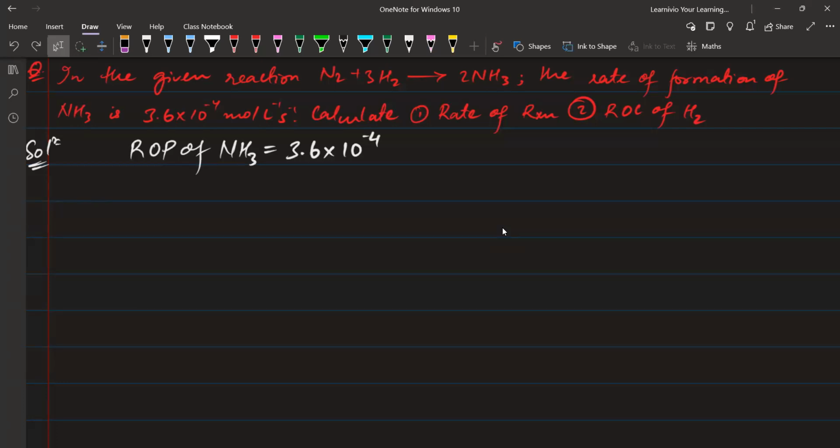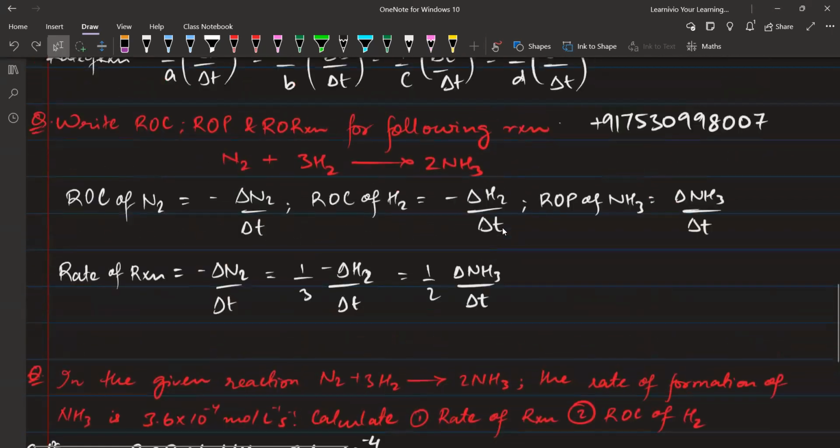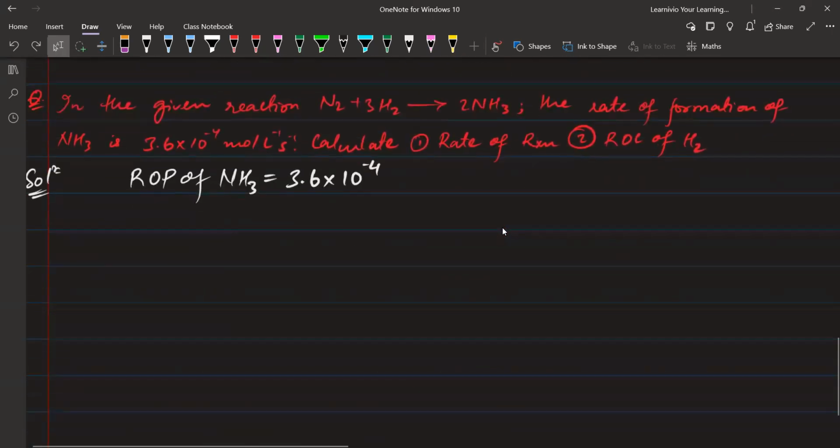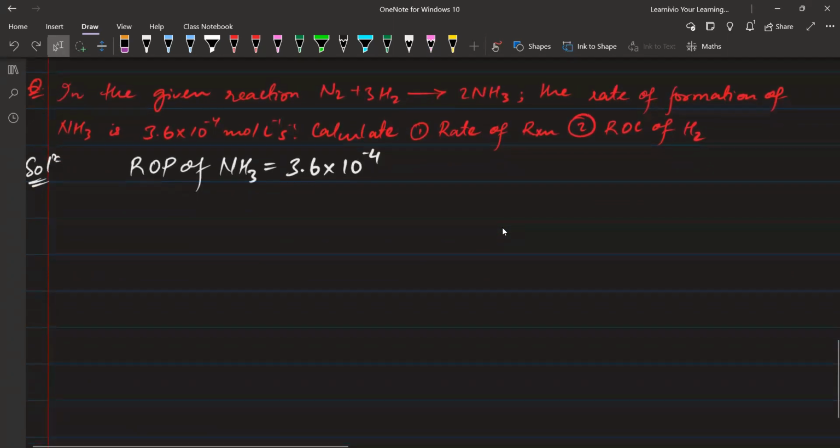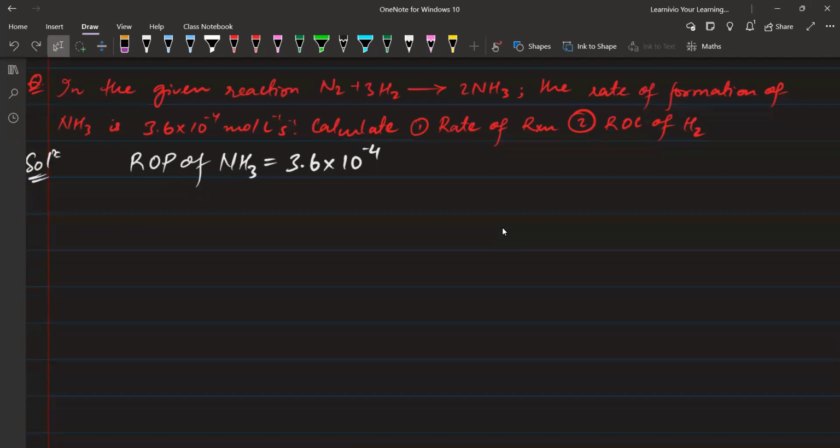Do you see concentration given anywhere? No. So we will use that. We have been given directly the rate of production of ammonia, so we are going to use that. Make sense? We use whatever is given.